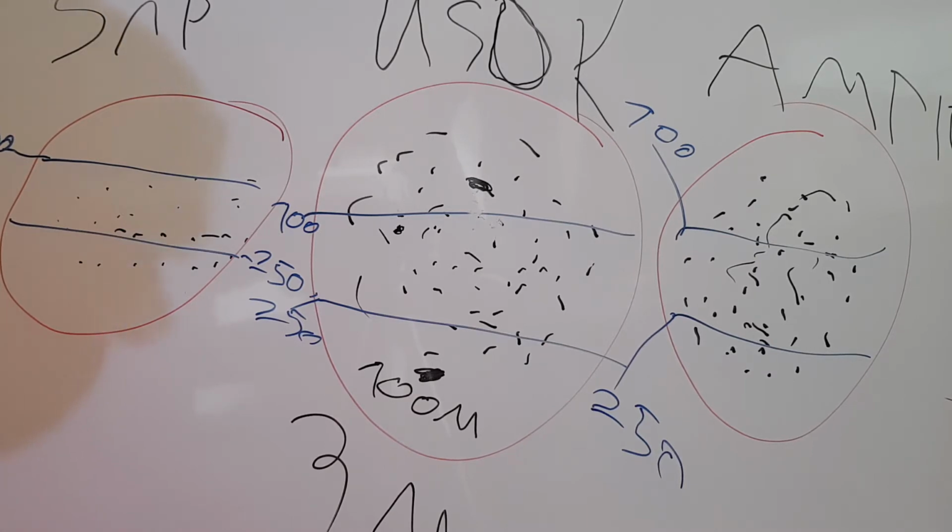Think about it: in the Nasdaq, there are more technology stocks and stuff like that. In the America, I think it's 250,000, there are more oil stocks, brick and mortar, and stuff like that. So that's how it goes.